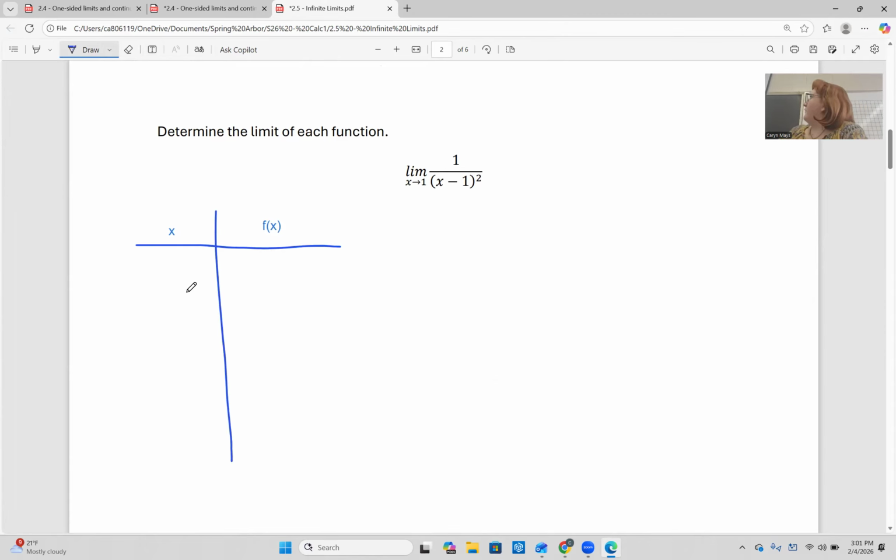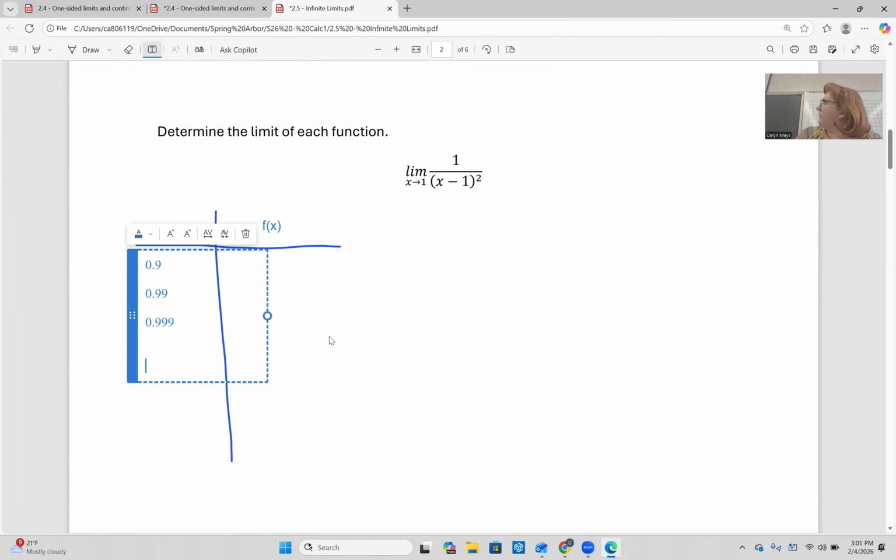What would be some values close to 1 for us to try? 0.9, 0.99, 0.999.